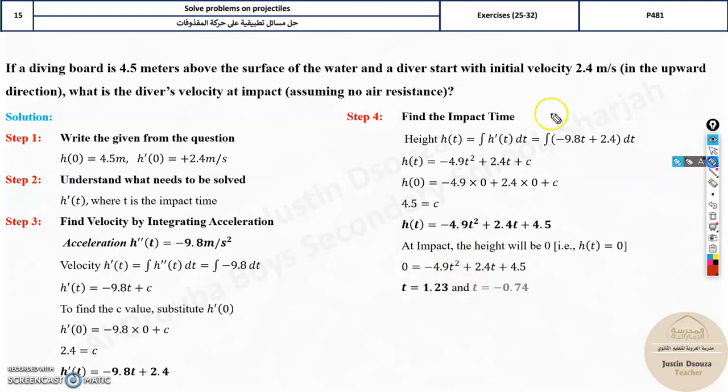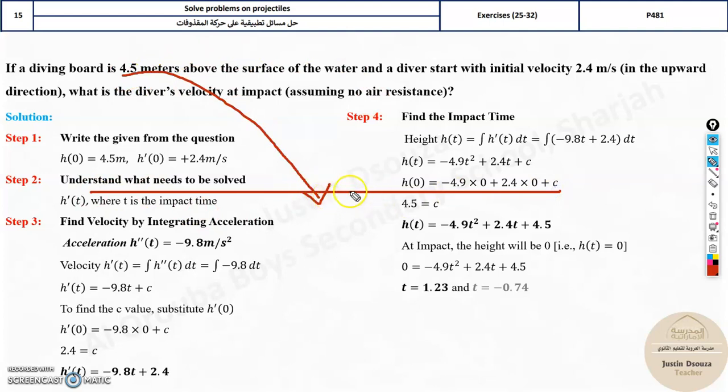Now, what it means is, from the beginning, when this diver jumps, the time it takes for this diver from 4.5 meter to reach the surface of the water is 1.23 seconds. Now, if you substitute this time, 1.23 seconds, in this velocity equation, you're going to get the impact velocity, because impact means touching the surface.